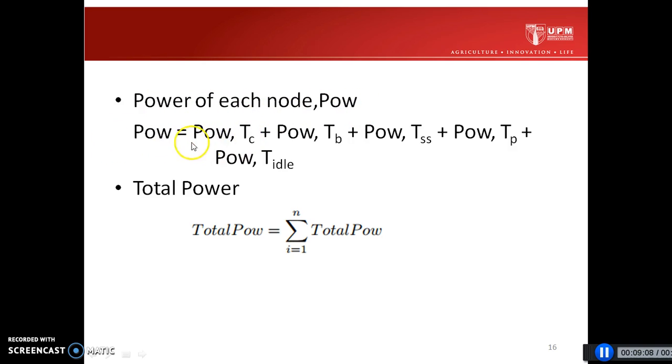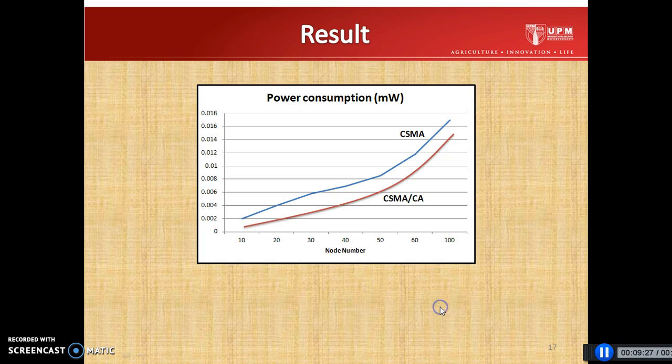You can see the power for one node is composed of the contention time, backoff time, sensing time, the packet and idle time, and from that we can get the total power for n nodes present, by summation of the total power. And this is the expected result. As you can see, CSMA CA will have better power consumption compared to CSMA.